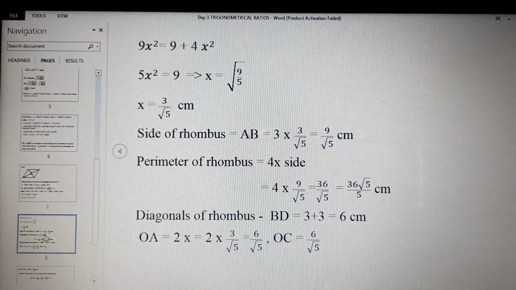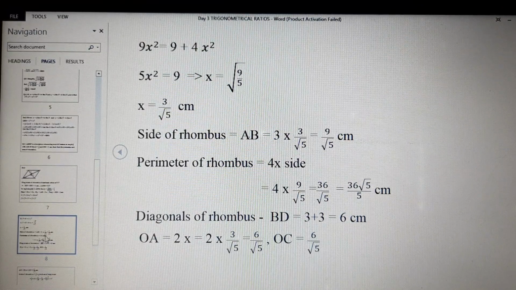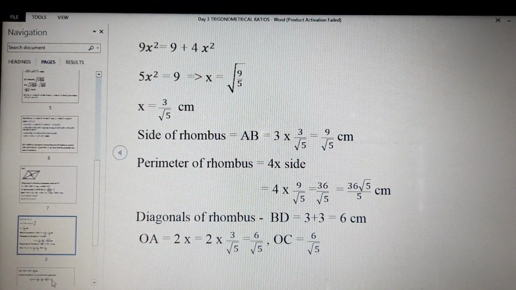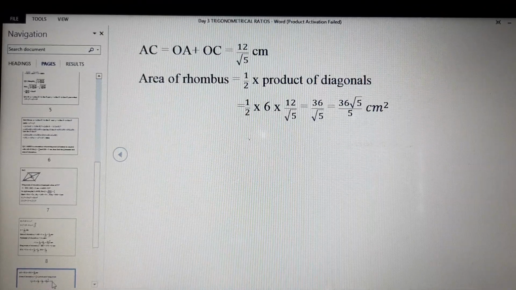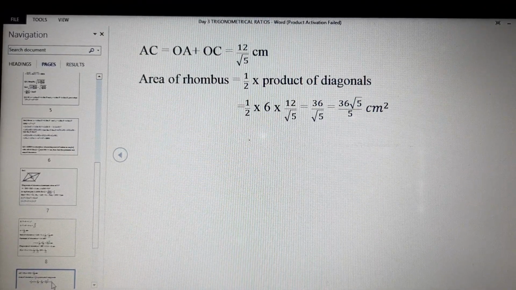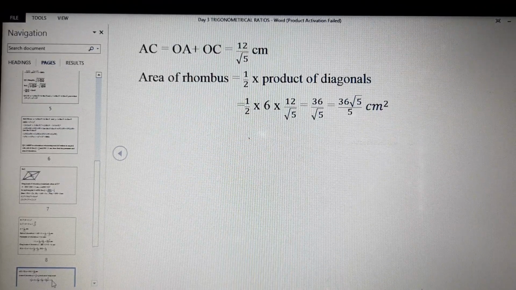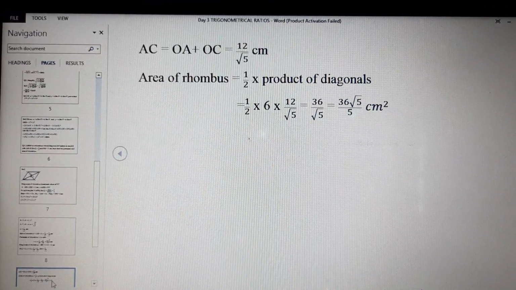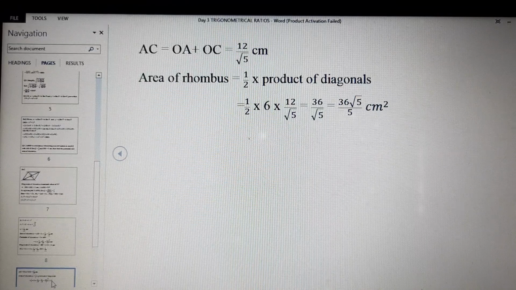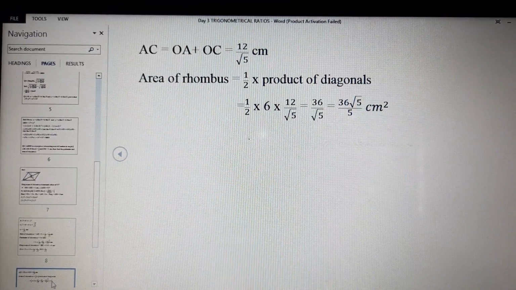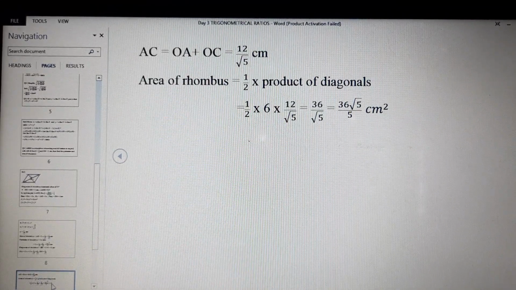OA and OC are both 6 upon root 5, and AC will be equal to the sum of them, or we can double it. 2 into 6 upon root 5 means 12 upon root 5 centimeter.